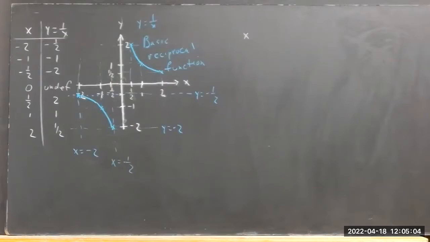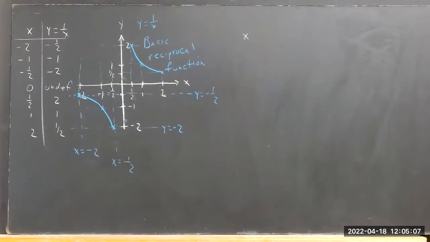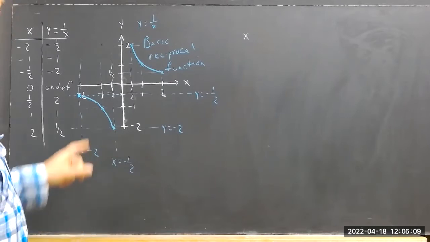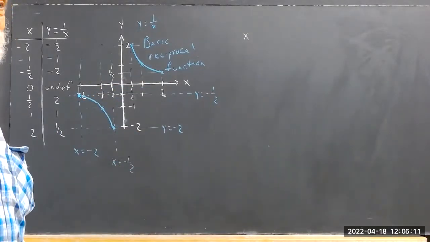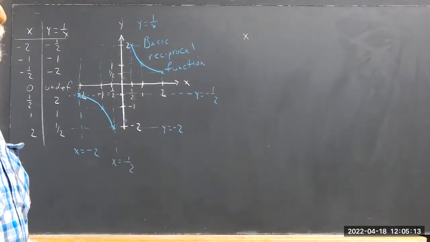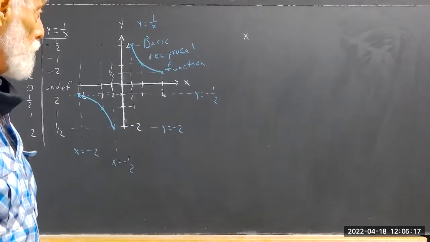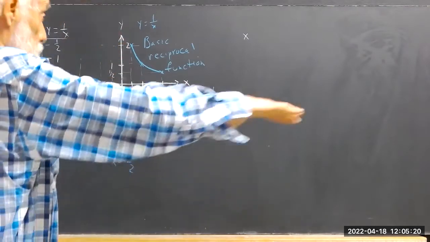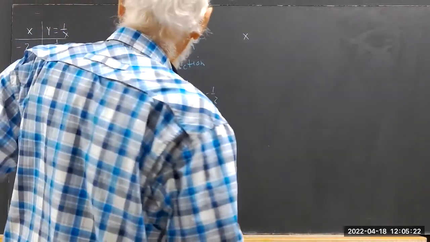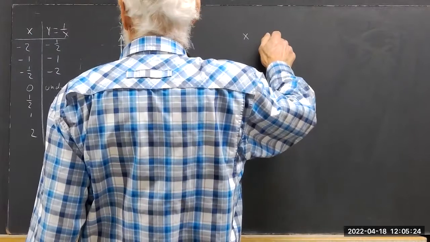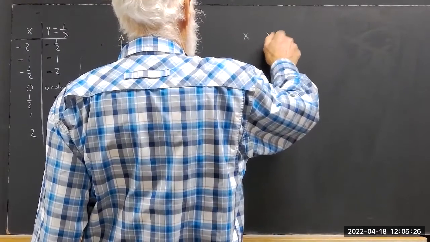Now in my class, I said basic reciprocal function, just the points. And then I have an extended reciprocal function, which is what I've drawn when I drew the curve through the points. Then the complete is what happens when we get all the asymptotes. But that's not something we worry about right now. And you might not have to worry about it unless you're in my course.